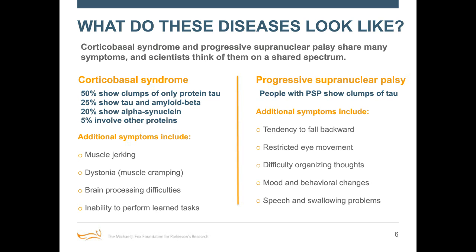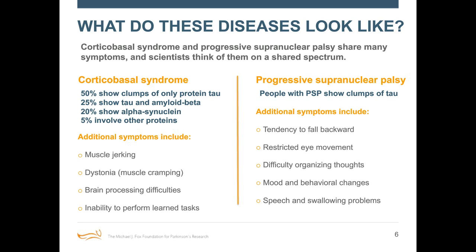There can also be mood and behavioral changes early on, and PSP can also present with profound speech difficulties, difficulty coming up with the words one wants to use. So we call that aphasia, which progresses over time. And all of these, I should stress, are in addition to the Parkinsonism spectrum of symptoms that Dr.